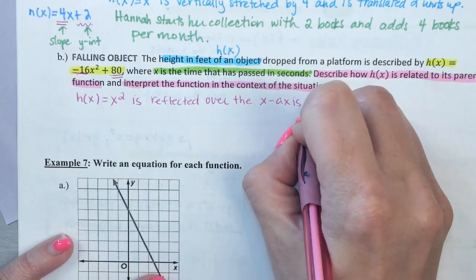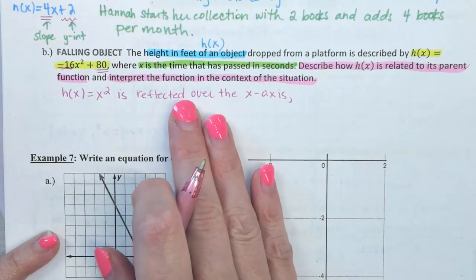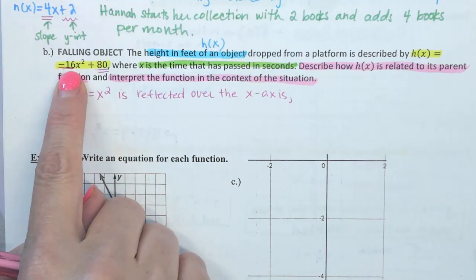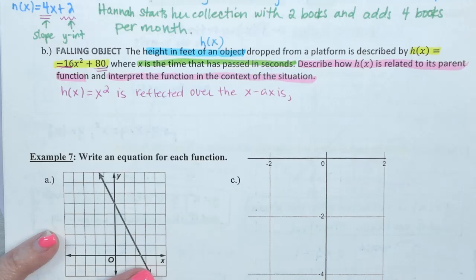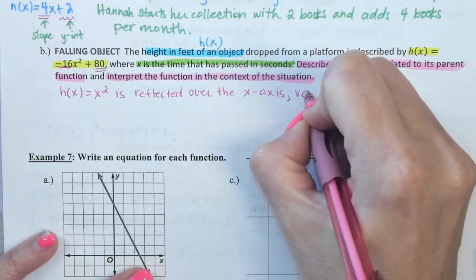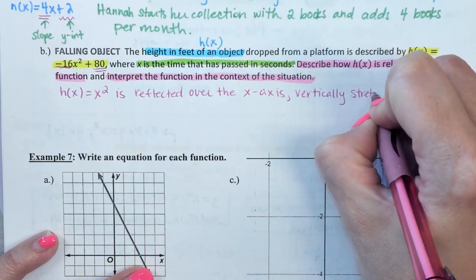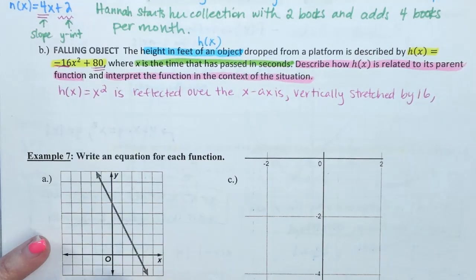x-axis. Okay, the order that I'm writing these in does not matter, so if you said that somewhere else, that's okay. And then the 16, there's no parentheses here, so that is also on the outside, so we know it's a vertical transformation. So this is vertically stretched by 16.